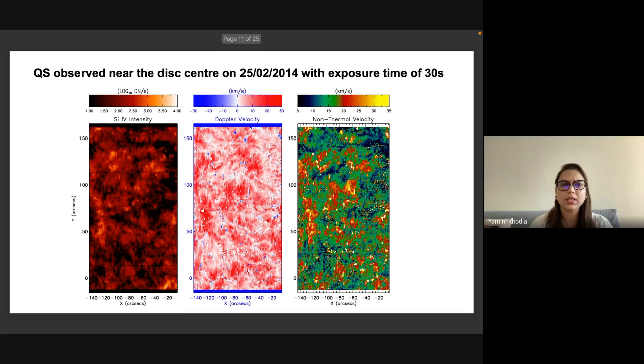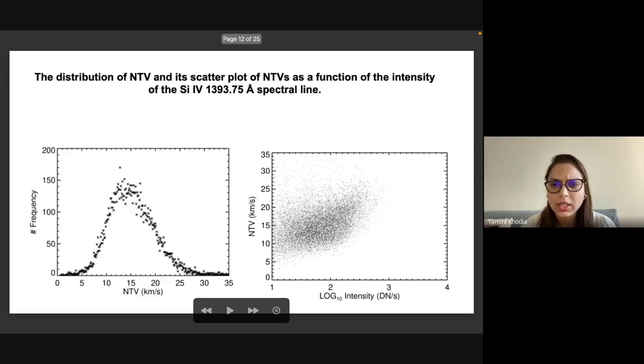Then we have another observation near the disk center, where again we see the intensity map and the redshift-dominated Doppler velocity map, and then the non-thermal velocity map, where we see that generally the higher intensity regions, having intergranular lanes, have higher non-thermal velocities.